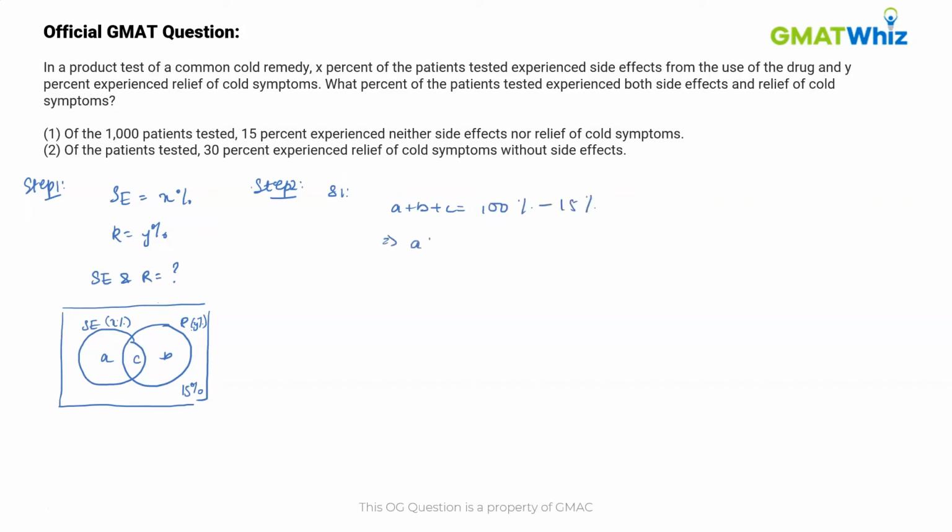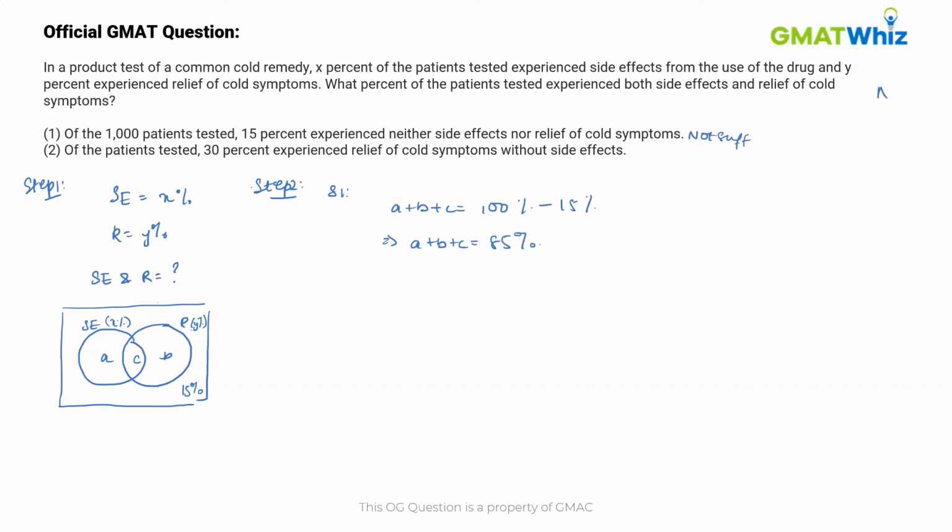Thus, we have A plus B plus C equals 85%. From this, we cannot find out the number of patients who experienced both side effects and relief of cold symptoms. Hence, statement 1 is not sufficient.